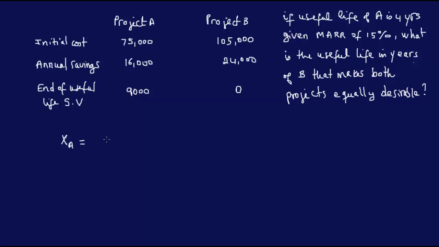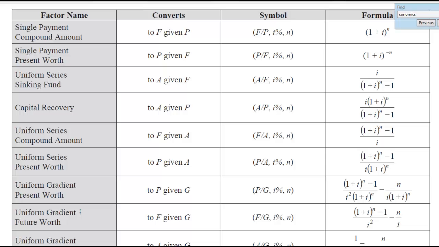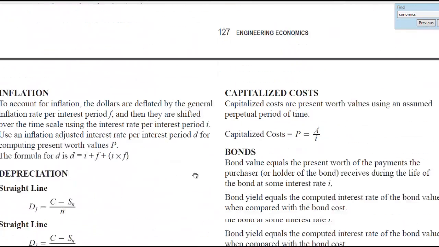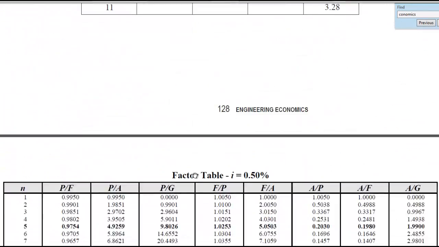What I typically do is go to the engineering handbook. As you can see here, we have the number of years, we have i and so on, but you don't want to use these formulas because they're pretty complicated. What you want to use is the table, and these values are given in the book.